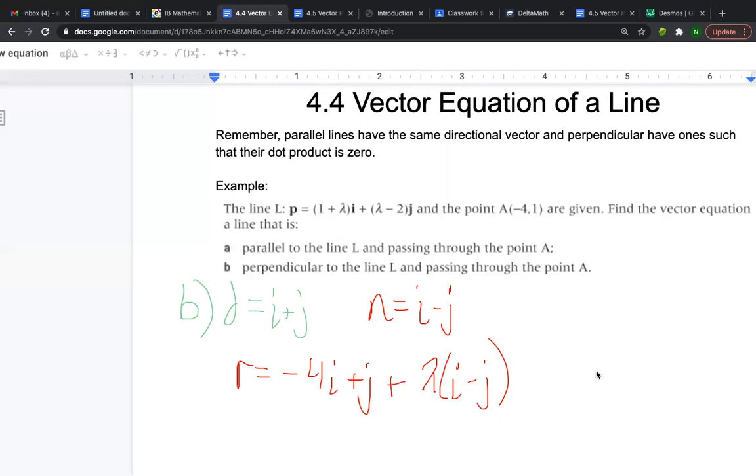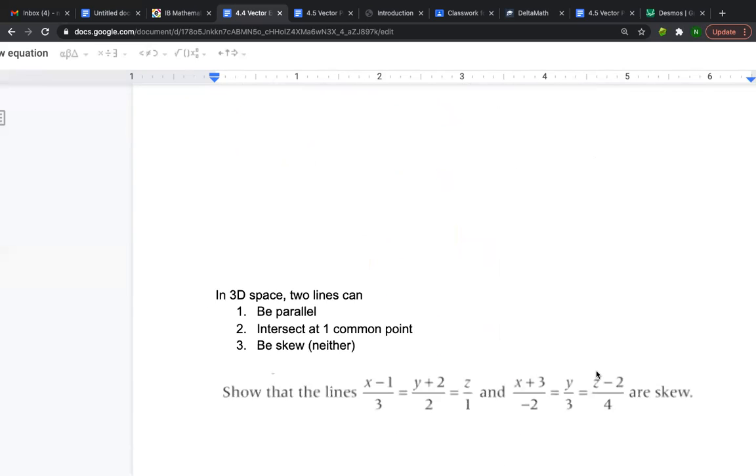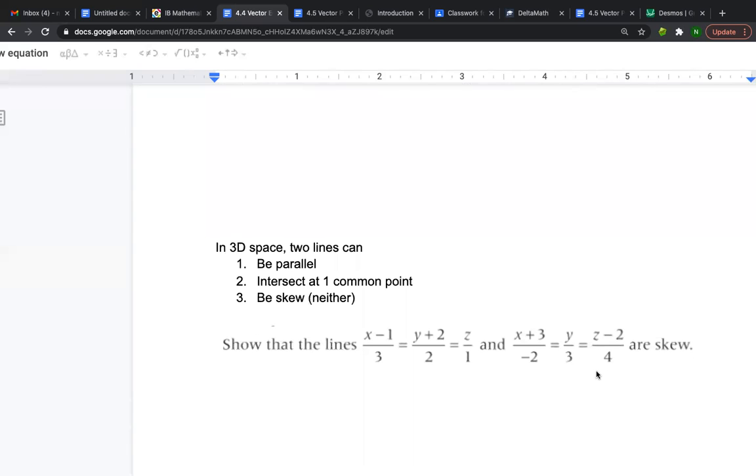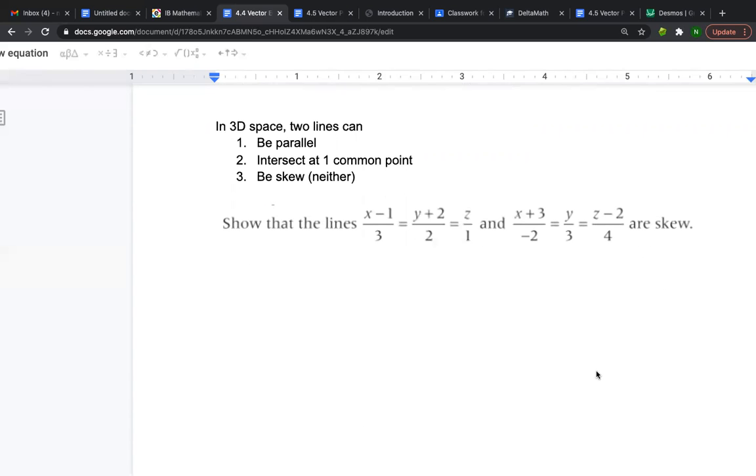In a 3D space, two lines can be parallel, intersect at one common point, or be skew. To be skew means that they are not parallel and they do not intersect at a common point. So now I have to prove or show that these are skew. So in order to show that they are skew, I first have to show that they are not parallel. The definition of parallel means they have the same directional vector.